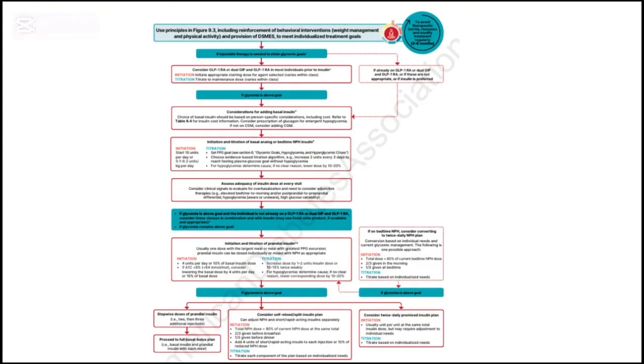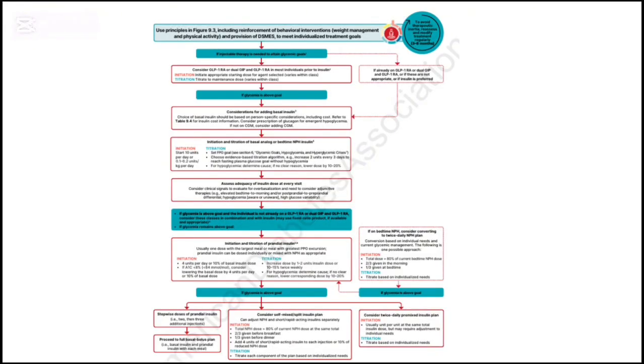If glycemic targets remain unmet despite optimized basal insulin therapy, the algorithm recommends considering combination therapy with a GLP-1 receptor agonist if not already prescribed. Fixed ratio combinations of basal insulin and GLP-1 receptor agonists may also be used in selected patients to simplify treatment and improve adherence. When further intensification is needed, prandial insulin therapy is introduced.